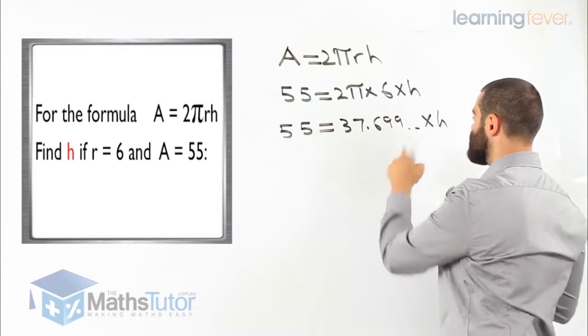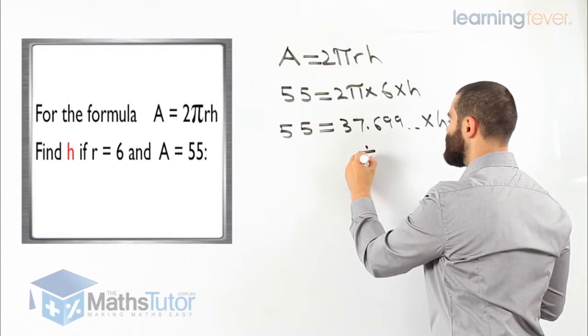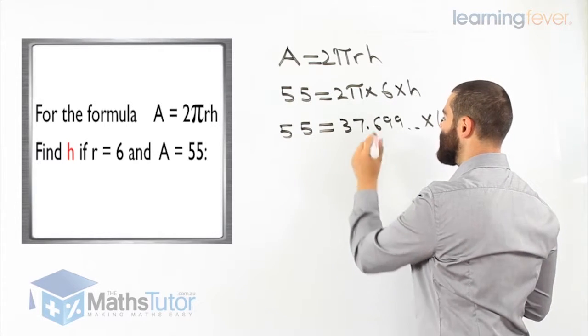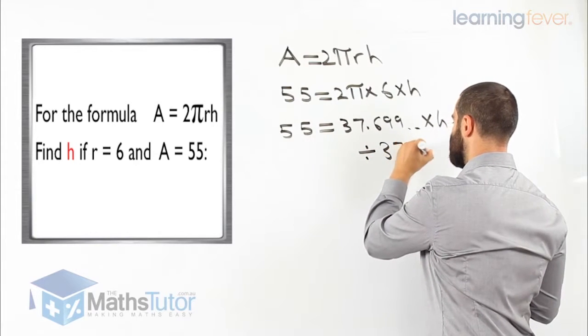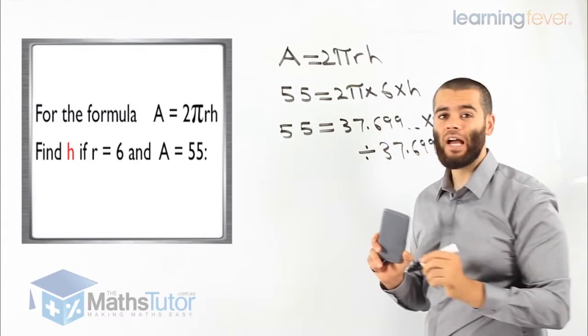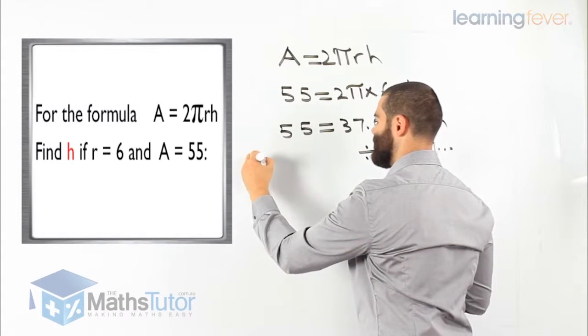Now we want to work out H. Times is divide. So basically we're dividing by the same number. You can keep it in your calculator because you're going to use it.